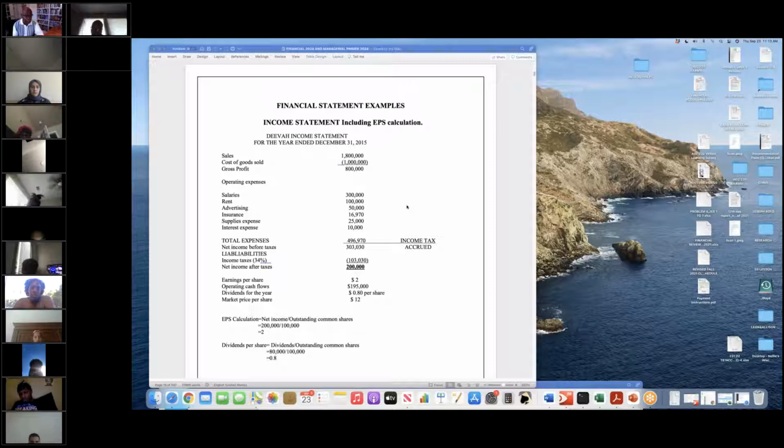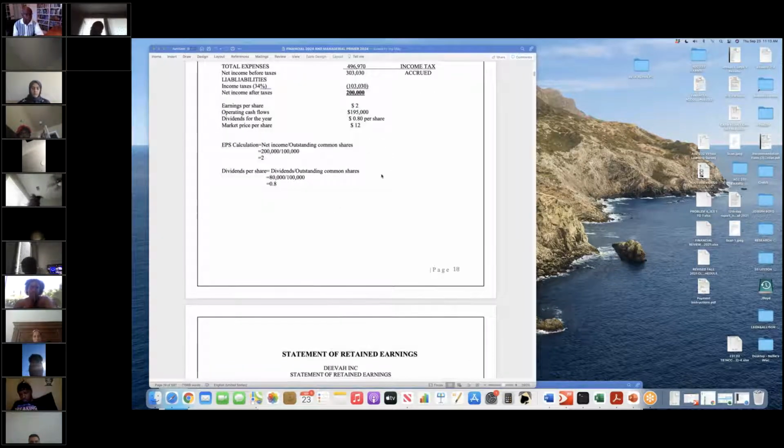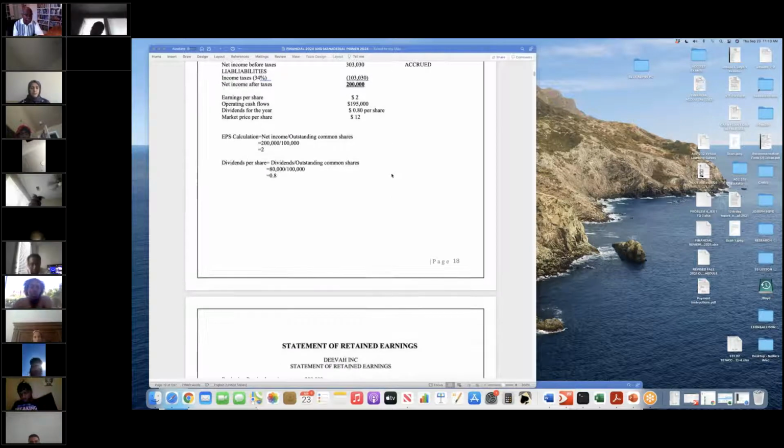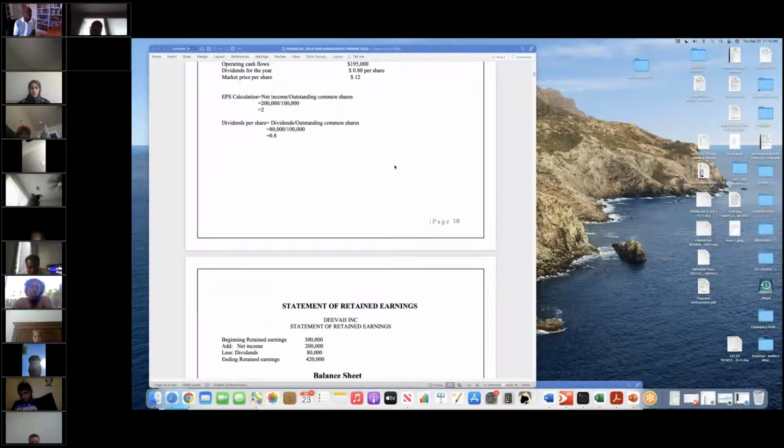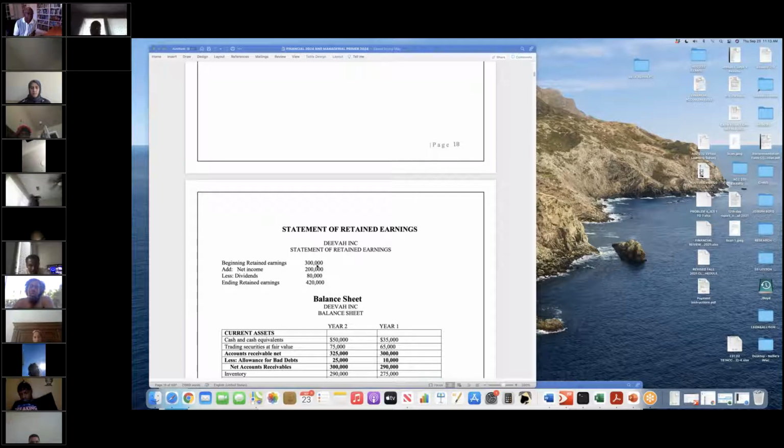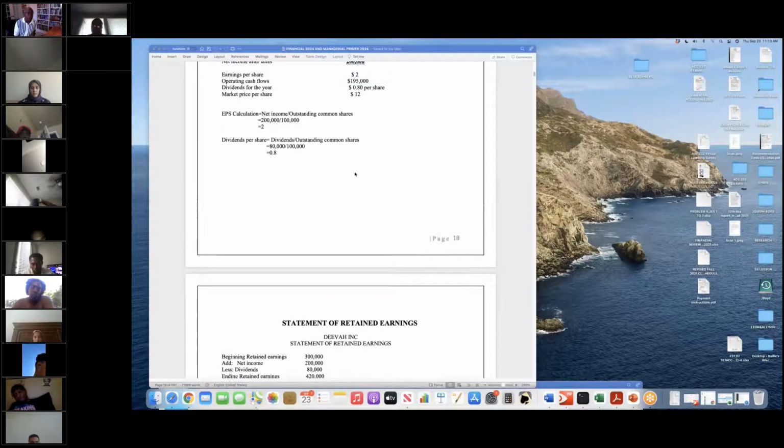But the first 4 steps you never see on a company. So when you look at a company, what you have are their income statements, which is how much income did they make for the period. You have their statement of retained earnings, which are the amount of earnings that you've had income.